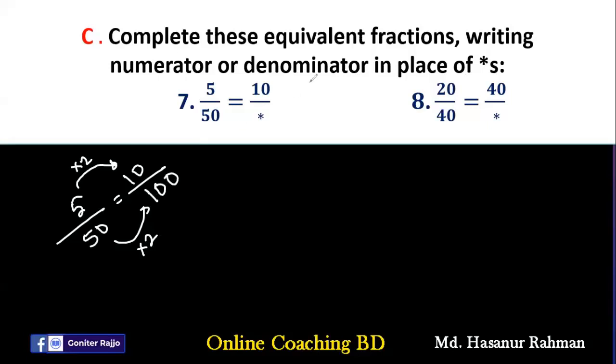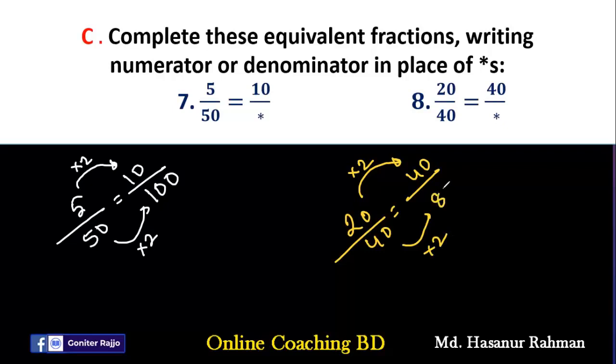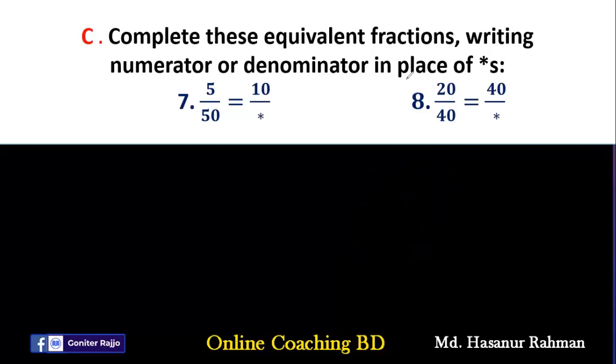Very simple. Next one, 20 divided by 40 equals 40 divided by star. That means 20 to 40, 20 multiplied by 2 is 40. So 40 multiplied by 2 will be 80. Very simple. Now, number 9.